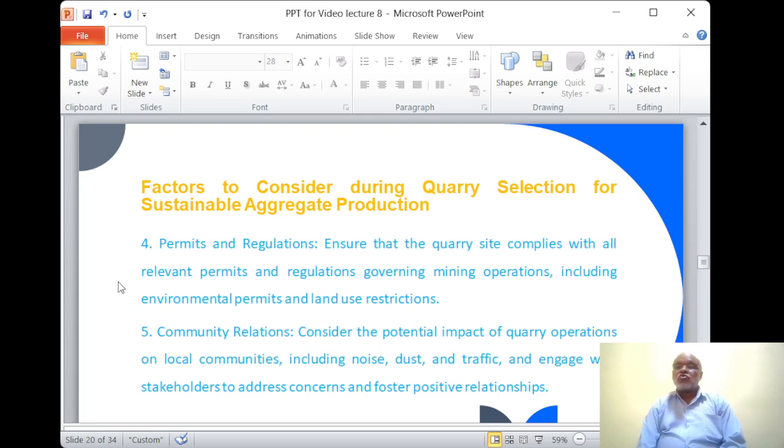Community relations also affect the selection of the quarry site. Consider the potential impact of quarry operation on local communities, including noise, dust, and traffic, and also engage with stakeholders to address concerns and foster positive relationship.